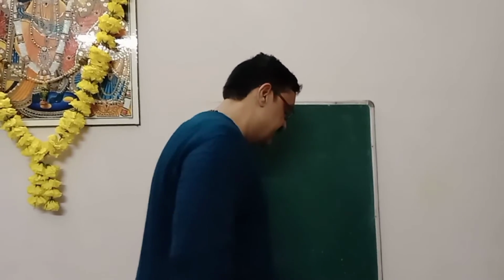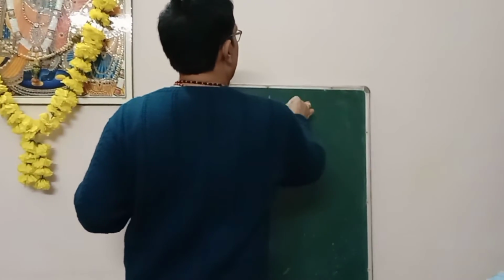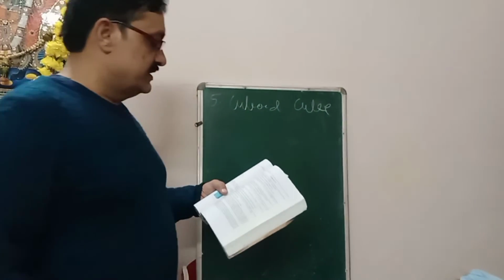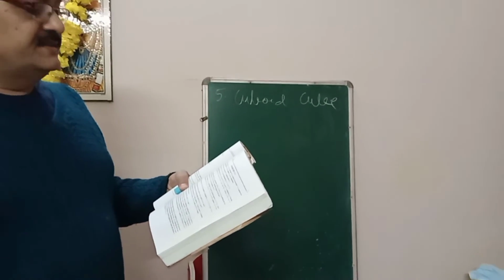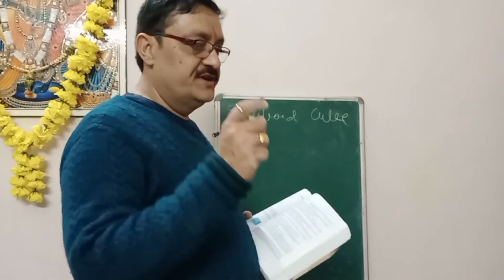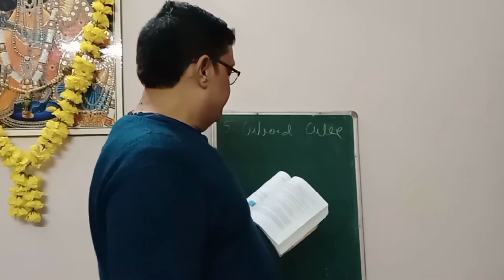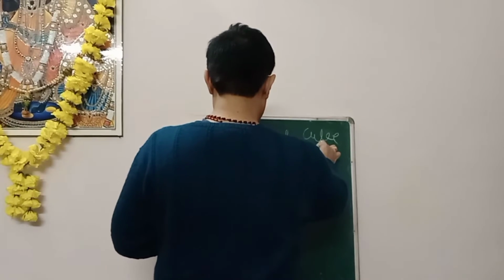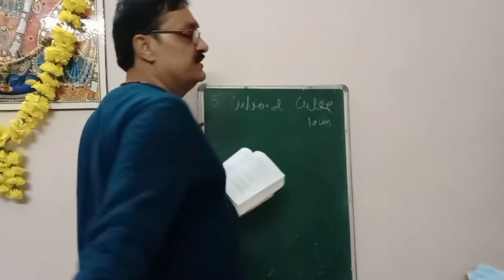What we are able to understand from this question: there is a cubical box and there is a cuboidal box. In case of the cubical box, we know that all the sides are equal and this is 10 centimeter, given.